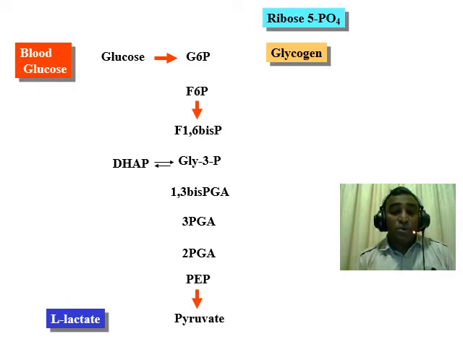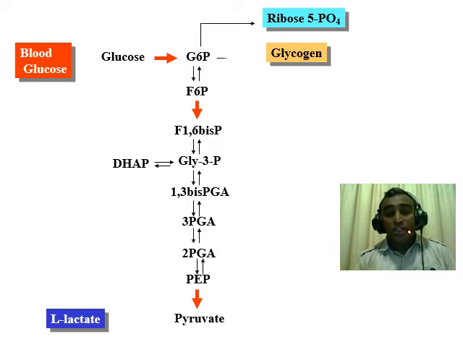So in order to go back, you need to bypass these crucial steps, which are actually the key regulatory enzymes of the glycolytic pathway, that is hexokinase, phosphofructokinase, as well as pyruvate kinase.